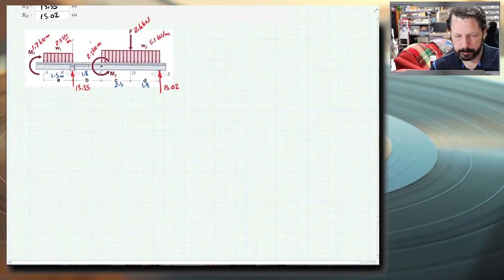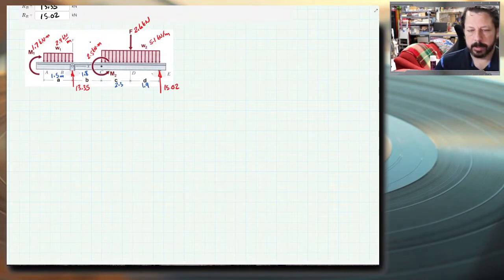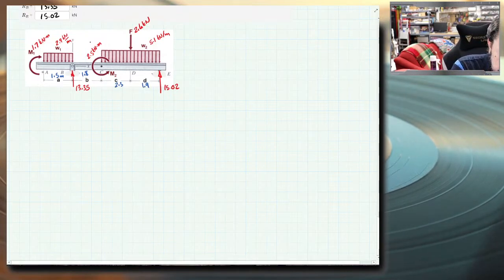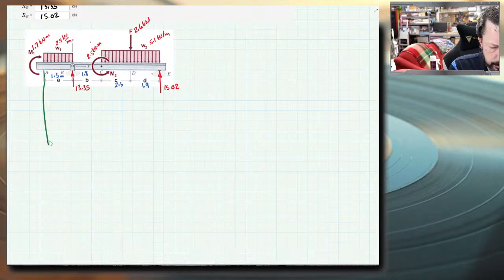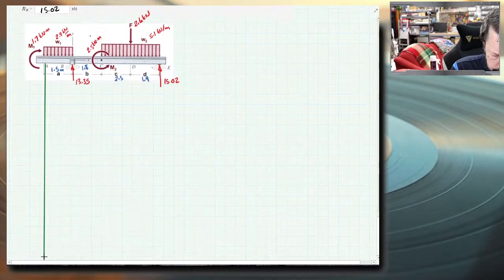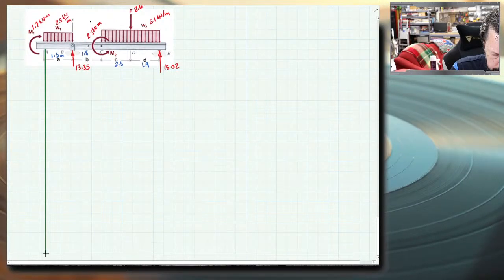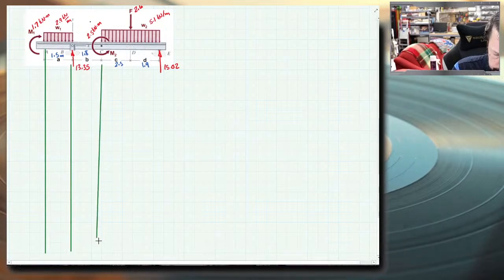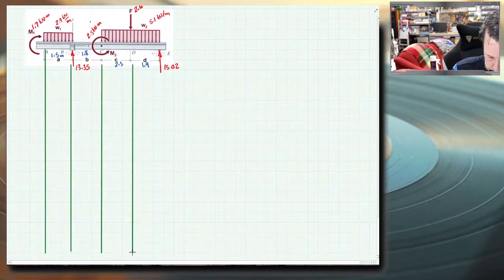Let's get that at the top of our page. Let's draw our reference guidelines. This moment M1 kind of looks like it's at the very end, but I've got A marked right here, so I'm going to put it at that line that I have marked. Then we need one for this point, and one here, and one here, which are snapping to the grid, but that's fine.